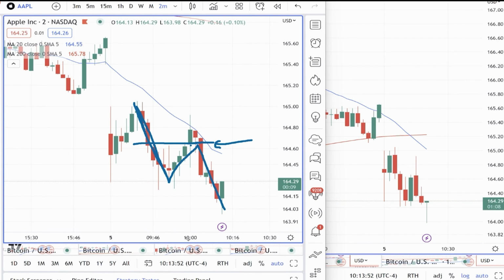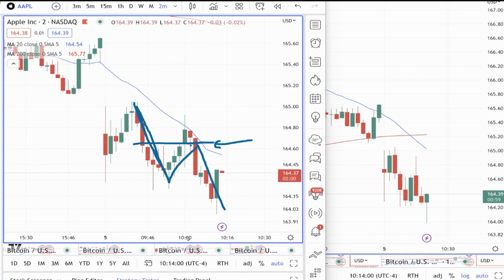This is, in a way, combining two other things. All right. First, we're combining resistance on the 2 and resistance on the 5 in the same price area. And here we're combining a turning point at the declining 20 with the 50% retracement turning point.